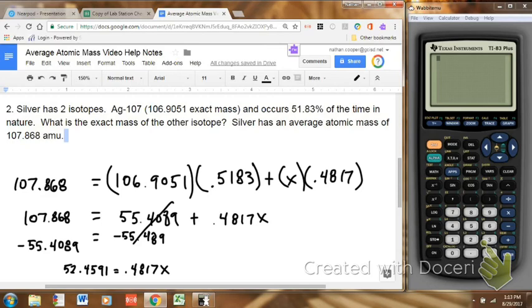So now to get rid of 0.4817, I'm going to divide both sides by 0.4817. I divide 52.4591 by my 0.4817. My x is the exact mass of the second isotope. The exact mass is 108.904.